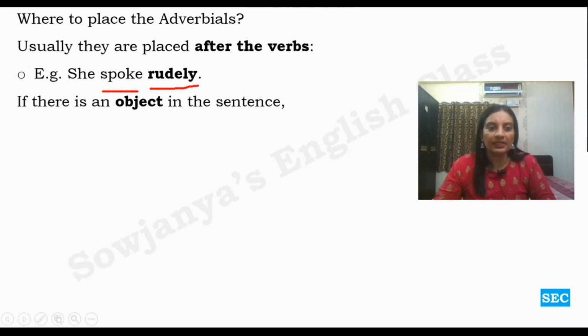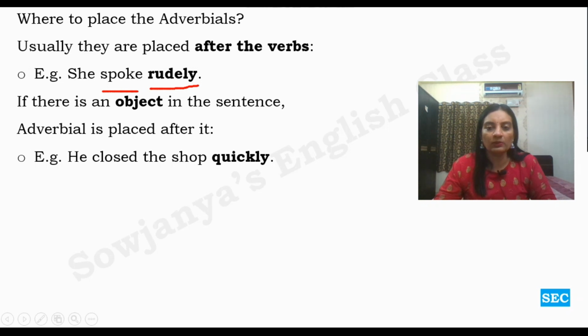And then if there is an object in the sentence, the adverbial is placed after the object. For example, he closed the shop quickly. So here he closed what? The shop. It is the object. And how? Quickly. So this quickly is modifying his action, closing of the shop. How did he do it?